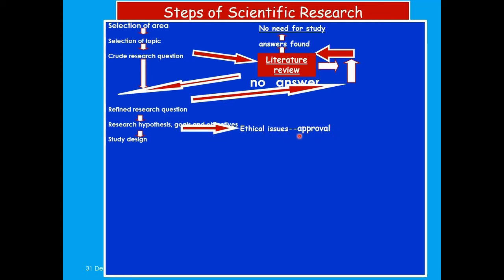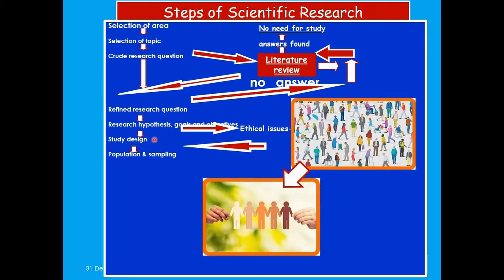Once you get the written approval from the ethics committee, you further design your study. After starting the designing of the study, you look for the various populations from where you will draw your sample for the particular study.